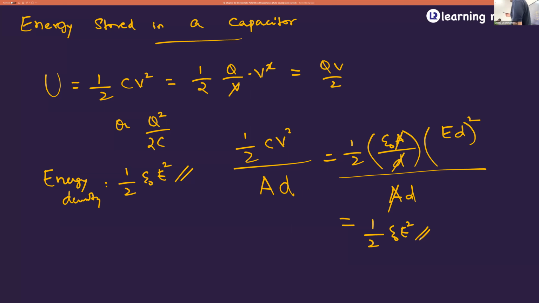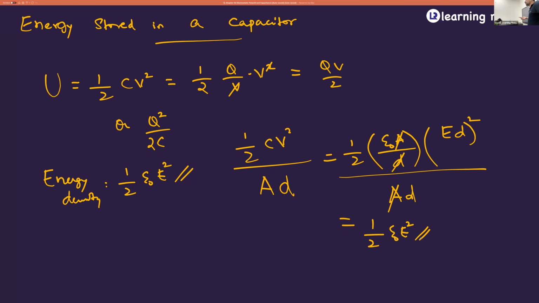Instead of it being an air medium or a vacuum, had it been something else, then what will epsilon naught be replaced with? Just now we saw what will happen to the capacitance.